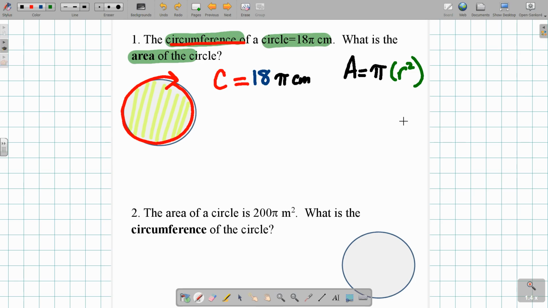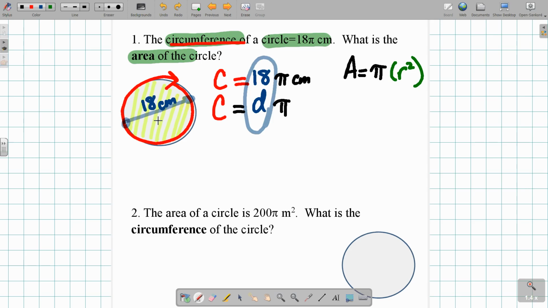Write both equations. Start with what you have. C equals d pi. So take a close look here, folks. Circle it. We just figured out by writing down the equation that our diameter in this circumstance is 18 centimeters.